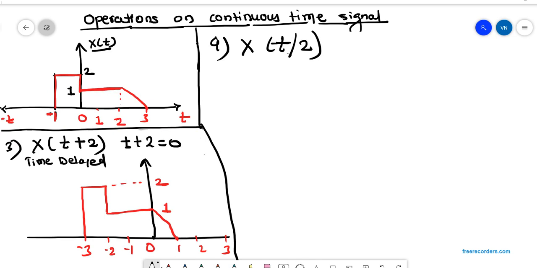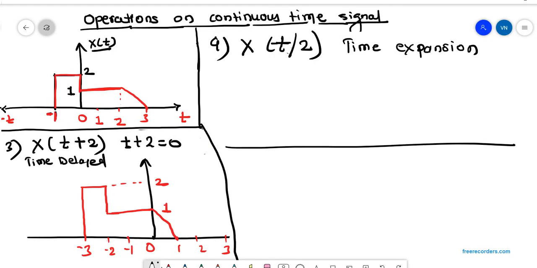This is called time expansion. What is the meaning of time expansion? If we divide by 2, then whatever the signal is, we have to multiply that time with the value 2.